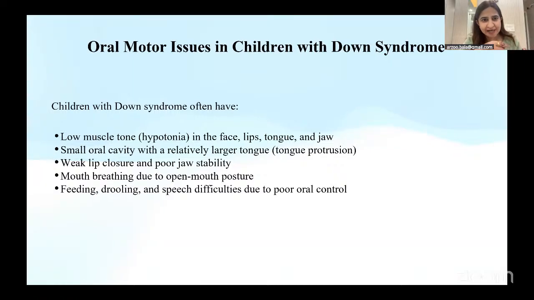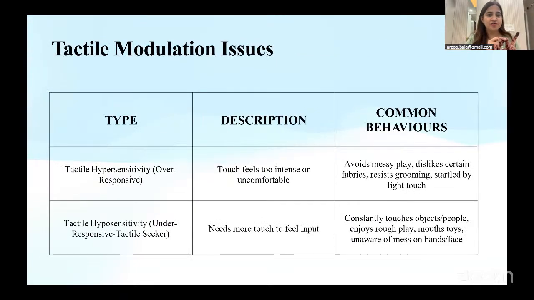I think it's on the back slide. The child does not like to touch any texture, which is tactile hypersensitivity. Every sensation feels too much. The child does not like to touch food. If you make them wear clothes, they feel too scratchy. They do not like combing, hair wash, brushing teeth, because touch is feeling too much to the brain.